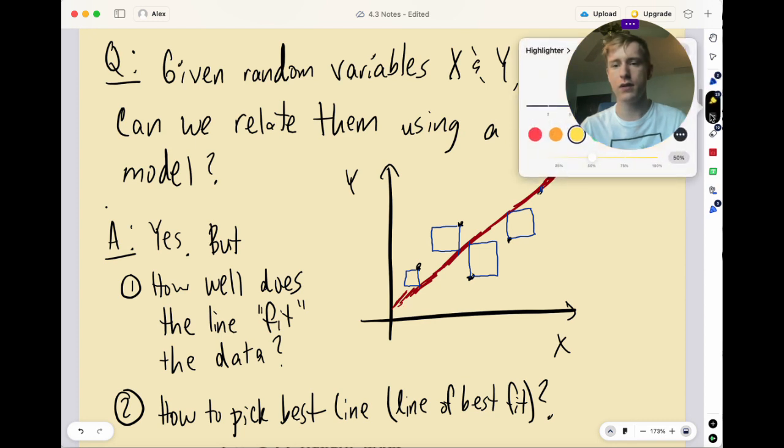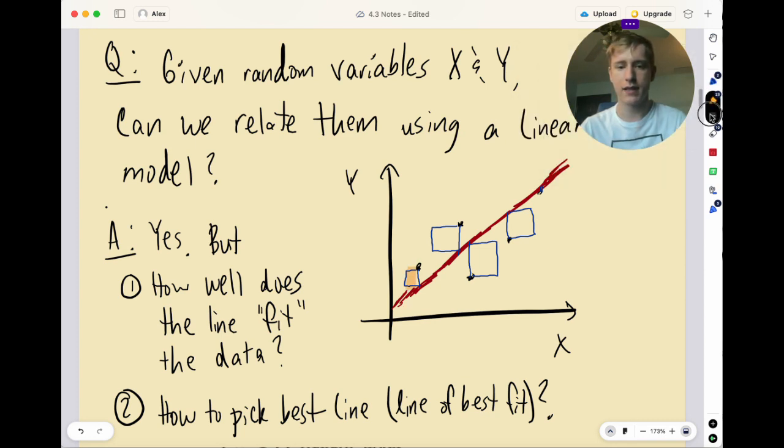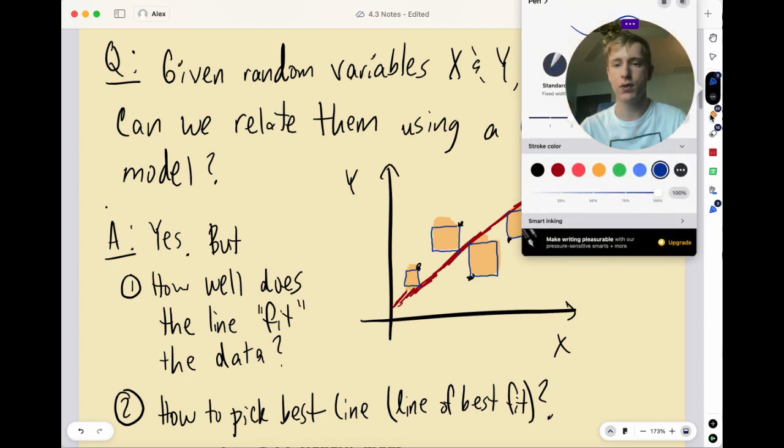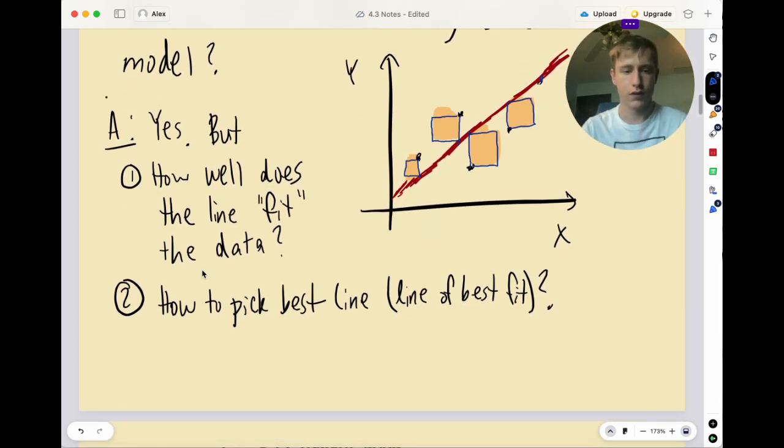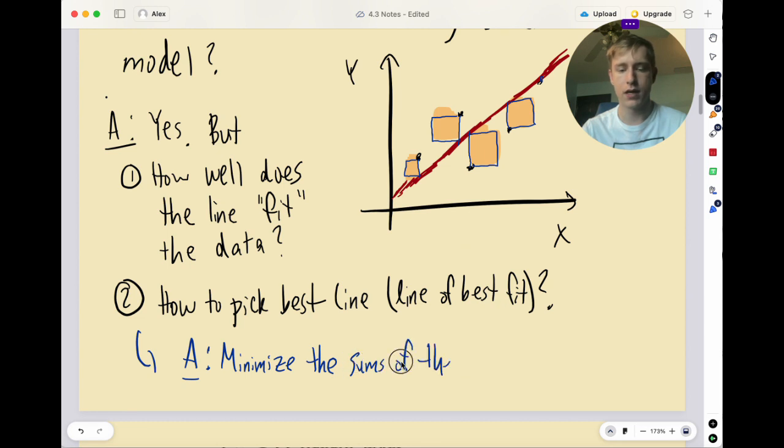Okay, so the idea of linear regression is that all of these areas can be computed if you have the data, which we assume that we do. And so the answer to the question, very simply, is we want to minimize the sums of the squares of the residuals.